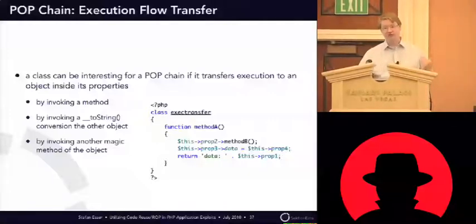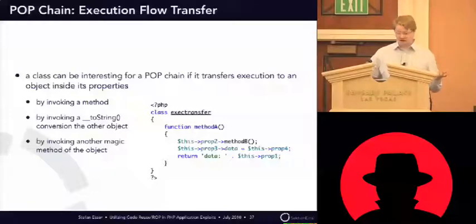The most obvious thing is that you have a property that gets dereferenced and the method of this new object is executed. You see this in the example, property 2 is used as an object and the method B is executed on the other object. Another way would be that property 3 is also an object and the data property is assigned some value. So you maybe can hit a magic setter in another object.